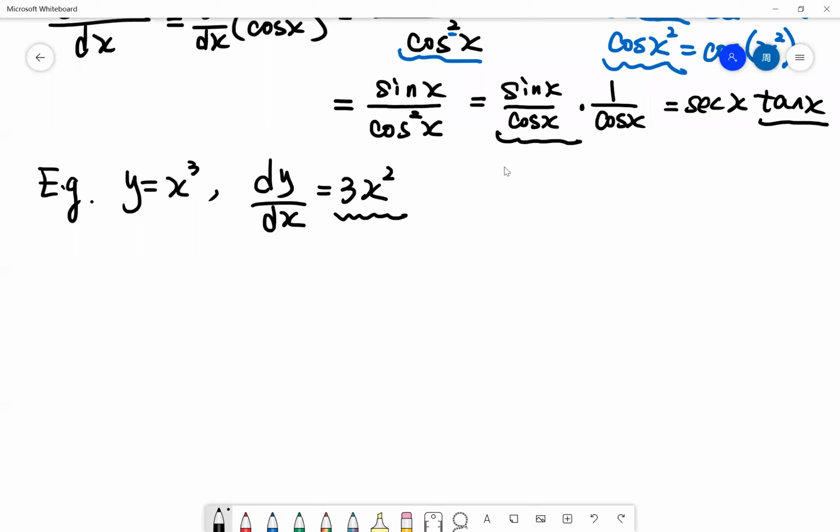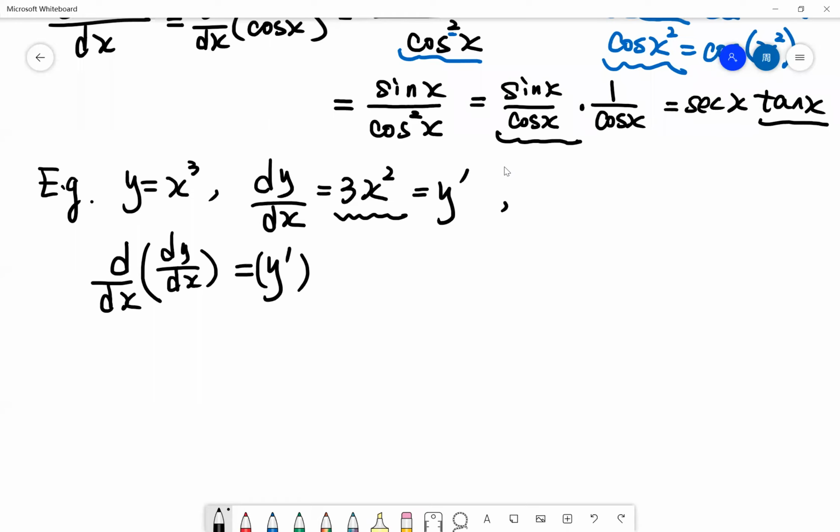Here we write y prime equals 3x squared, and then we differentiate again, that is d by dx of dy by dx. That means I calculate the derivative a second time, which you can also write as y double prime.